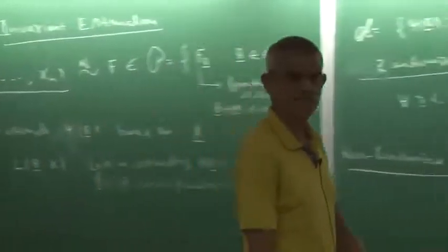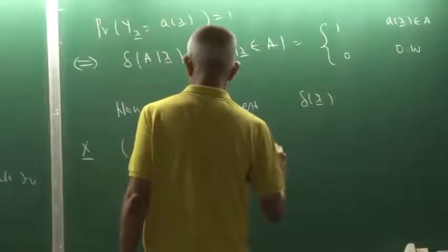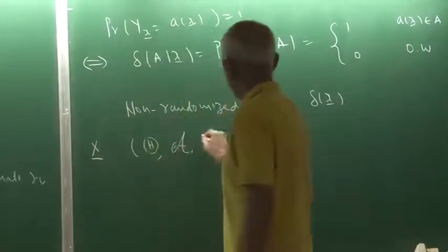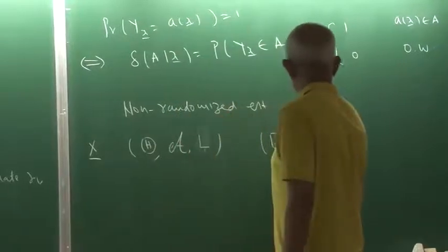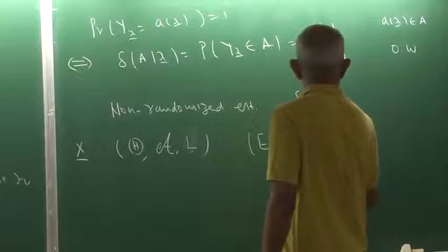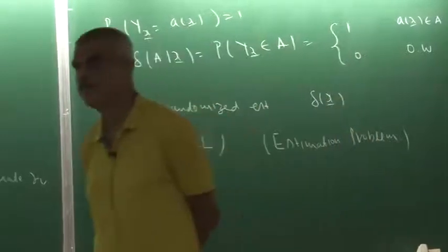So this is a typical estimation problem. This P is covered through theta, so the estimation problem is characterized by the triplet Theta, A, and loss function L.